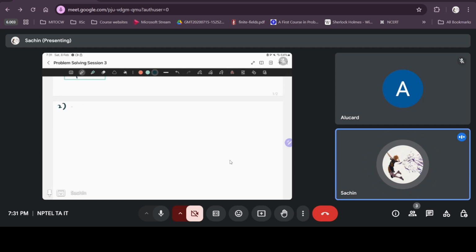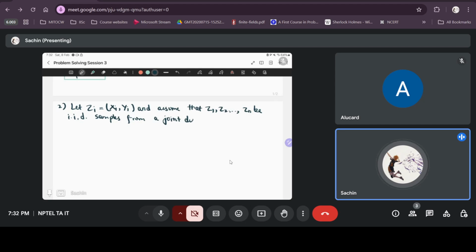And the second question is, let Zi equal Xi comma Yi, and assume that Z1, Z2 up to Zn are IID samples from a joint distribution Pz, by definition Pxy.